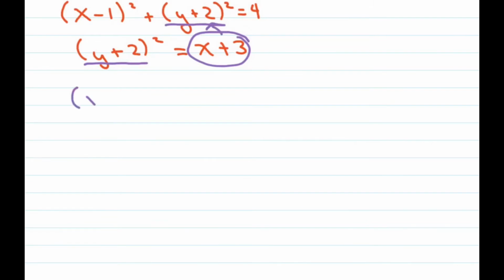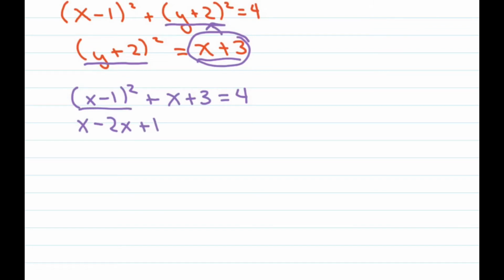So I'm going to do x minus 1 squared plus, well, y plus 2 squared equals x plus 3 equals 4. And then I'm going to simplify this, and you're going to get x squared minus 2x plus 1. I expanded my trinomial here, plus x plus 3 equals 4.